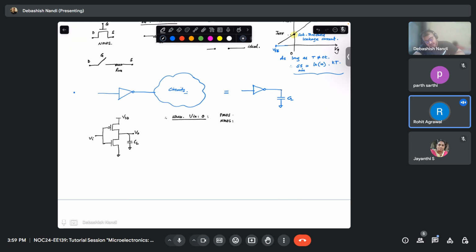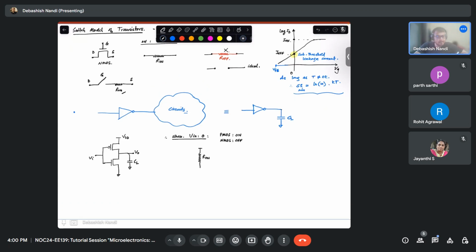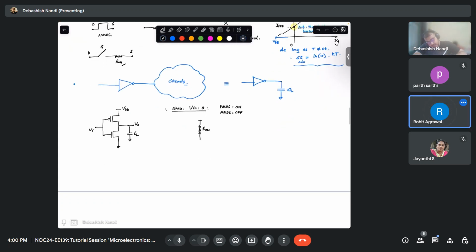PMOS will be on, NMOS will be off. In the on state, how did we model it? With a resistance, R on. And NMOS in the off state is just an open circuit, and here we have connected a CL. This is VDD. So what will happen? This capacitance will get charged up.